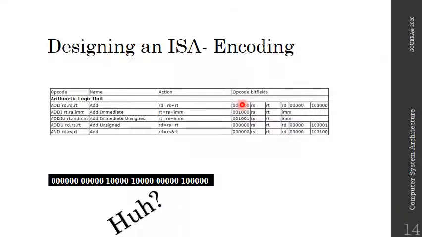Hold on a second, there's something weird. If this add has the opcode of 0, and here I have another opcode of 0, and this is an addu. Even better, this opcode is still the same, and it's an AND. So how would I make the difference between adding or ANDing? Let's see what changes.